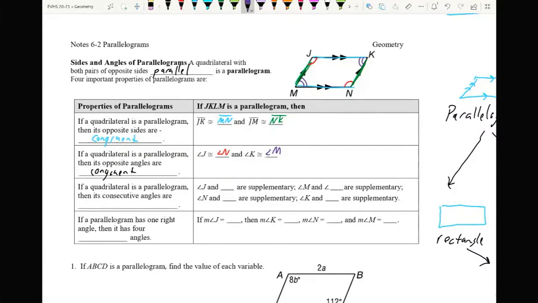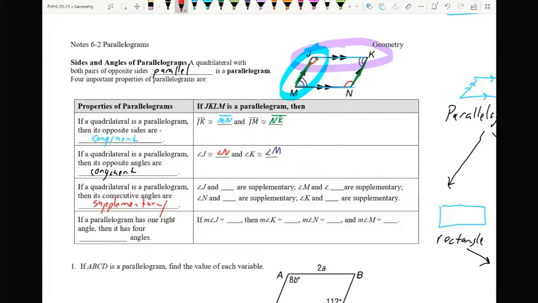All right, if a quadrilateral is a parallelogram, then its consecutive angles, now when I say consecutive angles, I'm talking about like these 2. J and M are consecutive. J and K are consecutive. Those are supplementary.